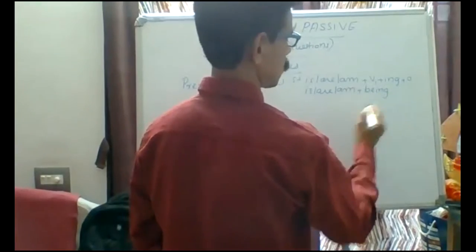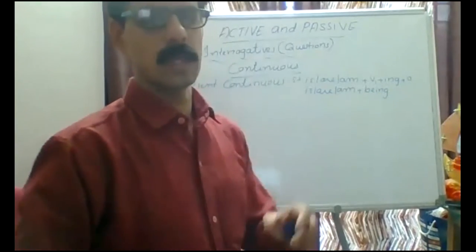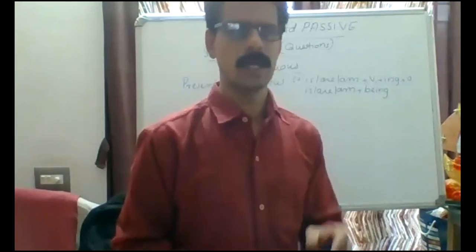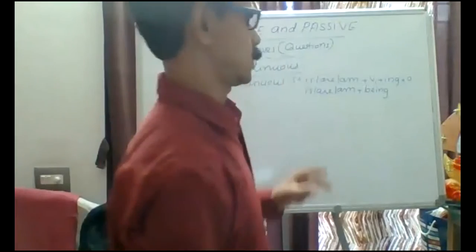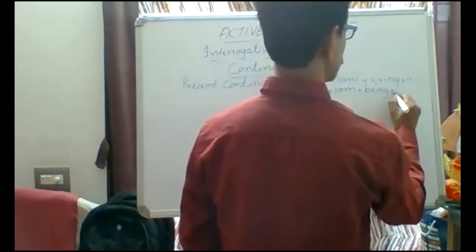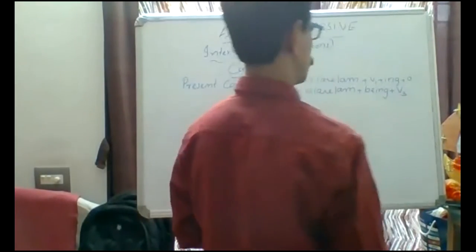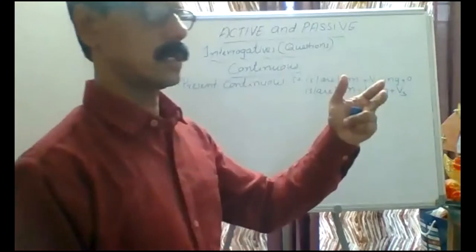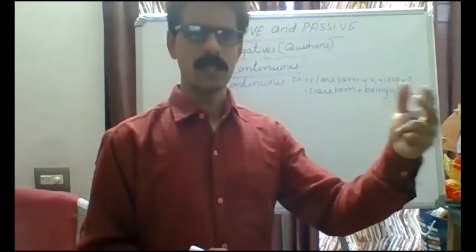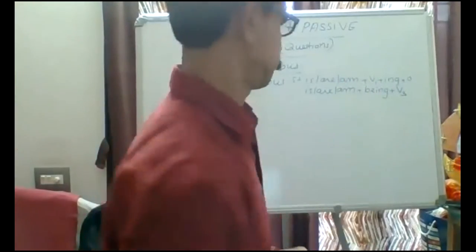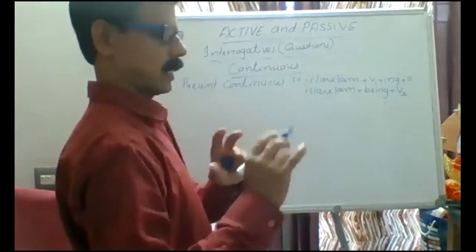We should add ing because it is a continuous tense and the ing form exists in this sentence. So being plus V3 form is used. At the end there will be by plus agent. Let me give you one example here.